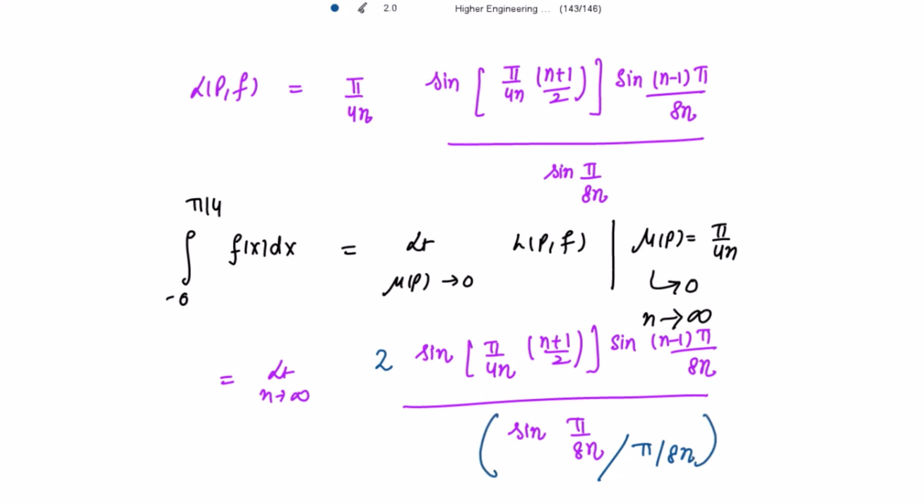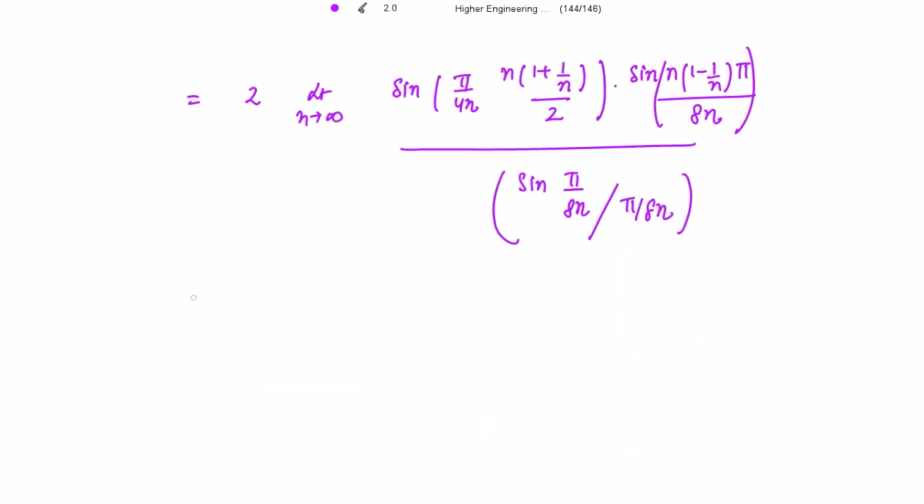Okay, now let's apply the limit on this. Taking this 2 outside of this limit, and now let's take n common from this bracket and also taking n common from this bracket. So this is equal to twice. Okay, n is cancelled out with this n, and this n.